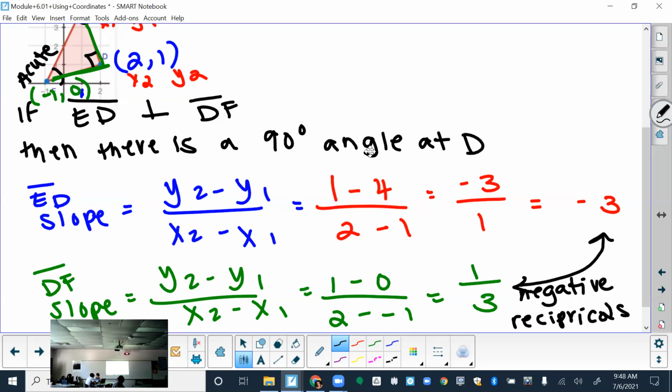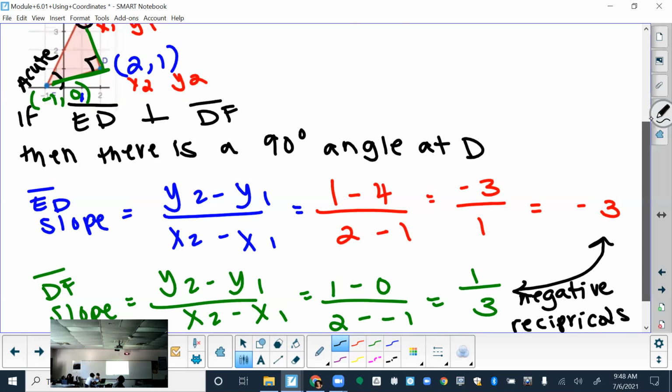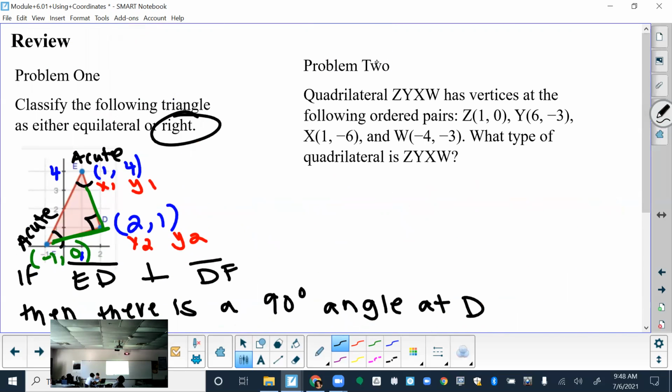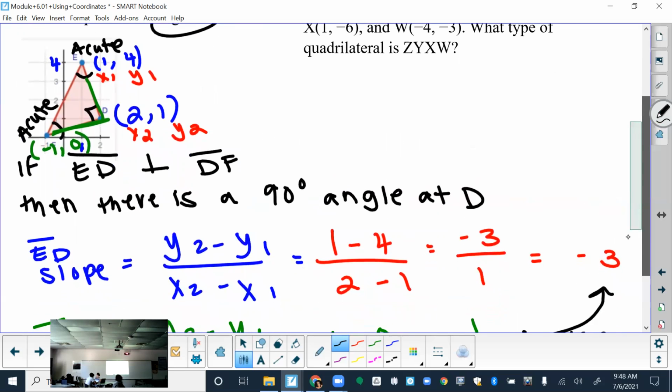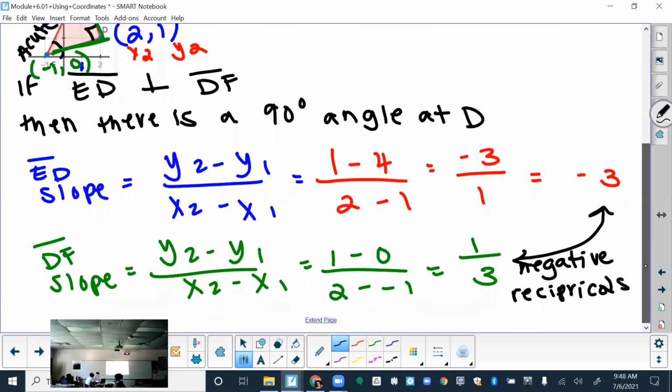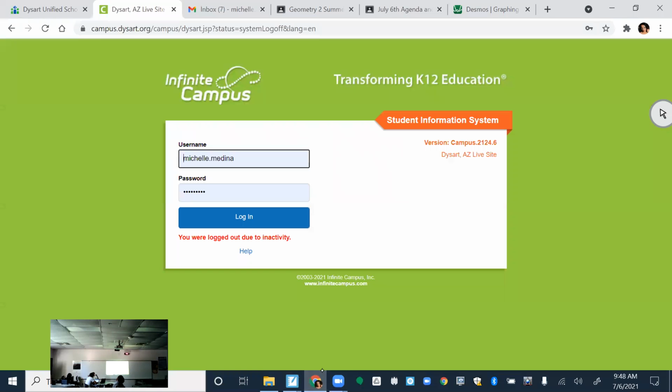I want to give you time for the practice. If you want to see the solution to problem 2, I have it posted in Google Classroom, but I'm going to pass out the practice now. If you want to see how the other problems that we skipped are done, I have my work shown in the notes in Google Classroom.